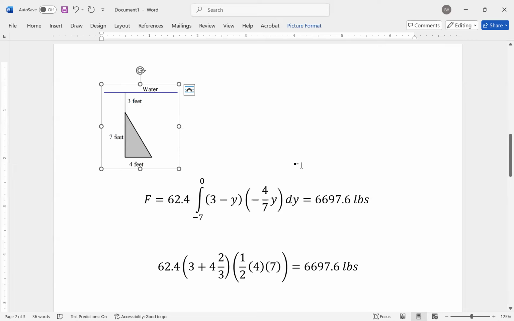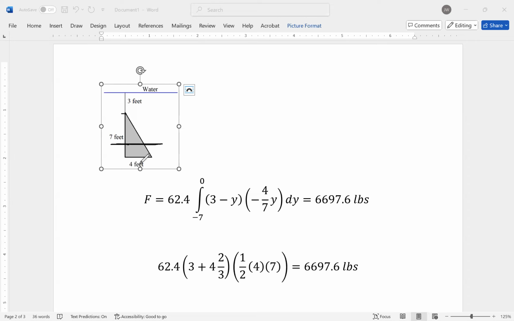Just flip the triangle through that line, which is, again, the center of mass from the x-axis. The x-axis was here. So center of mass, flip that triangle, and then area of the triangle times depth. Depth would have been 7 2/3 feet.